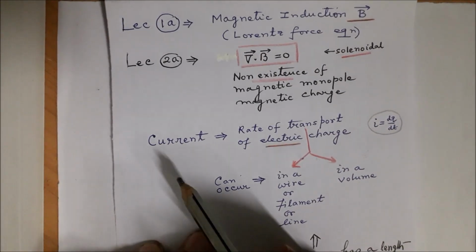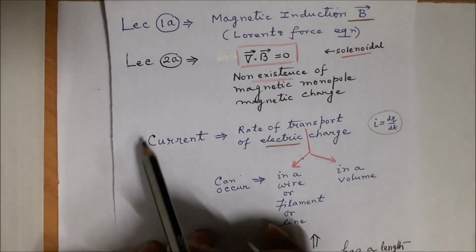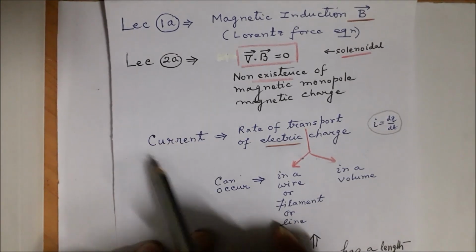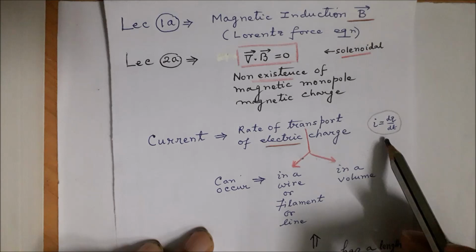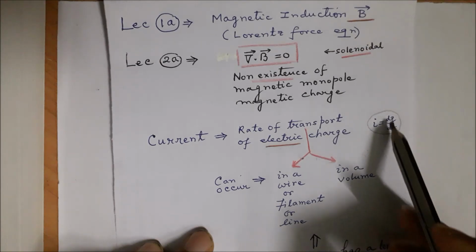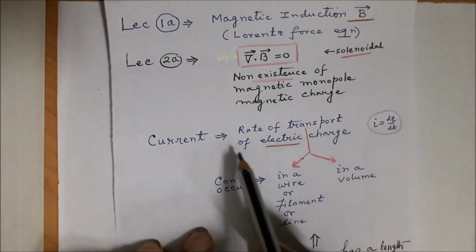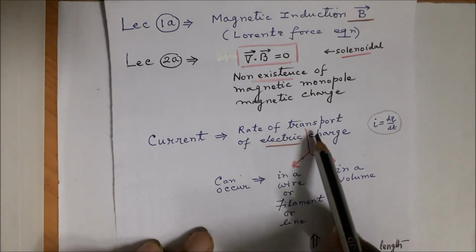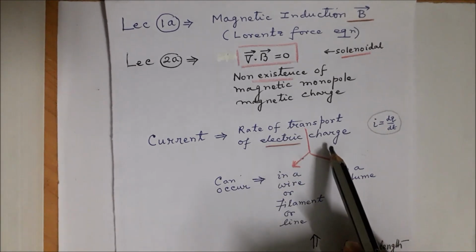Earlier, we emphasized what current means, and we all know that this is the definition of current. I is dq by dt. So, current is the rate of transport of electric charge.